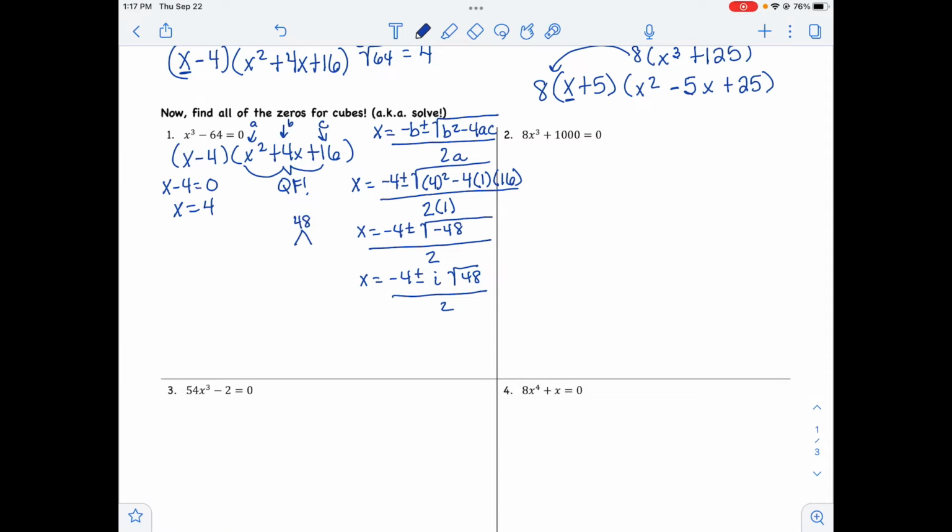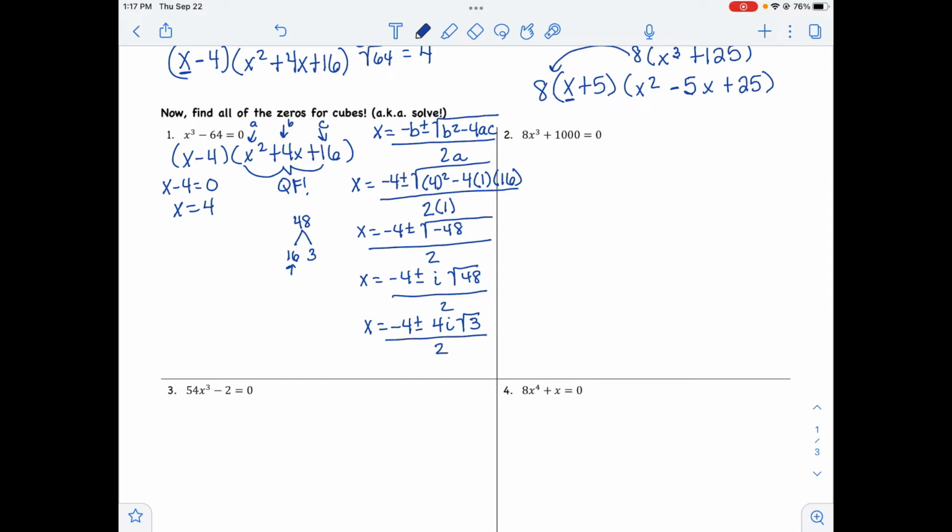So if I think about my perfect squares, I know that 16 times 3 will get me back to 48, and 16 is a perfect square, and the square root of 16 is 4. So I can rewrite now as x equals negative 4 plus or minus 4, because that's the square root of 16, i square root of 3 over 2.